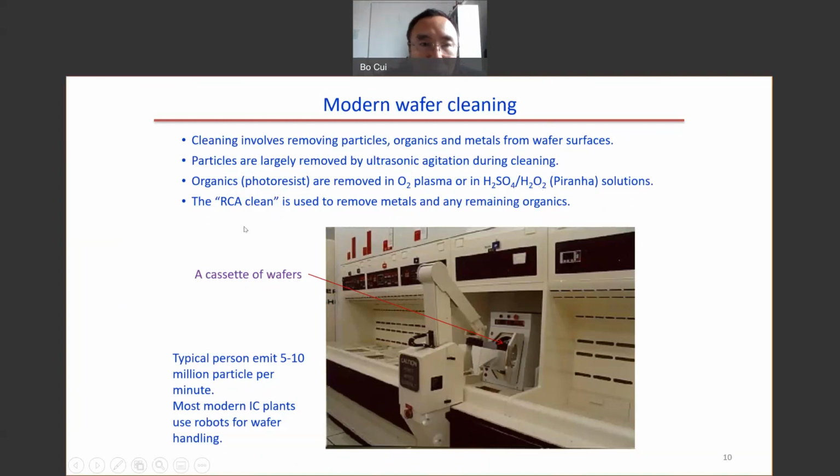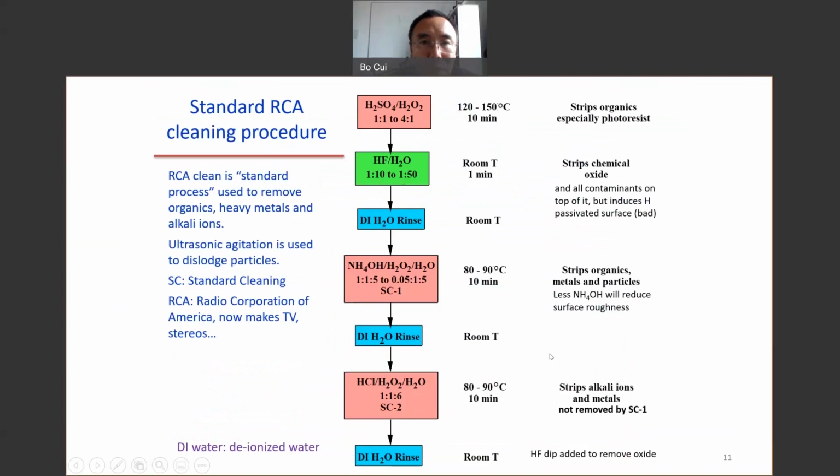For the industry, the standard clean is the RCA cleaning. We normally use robots because the human body can emit 5 to 10 million particles per minute.